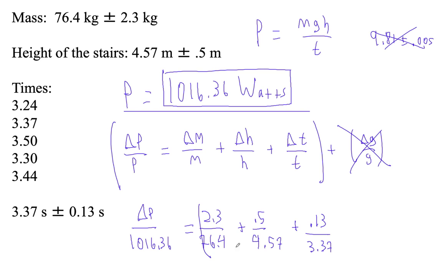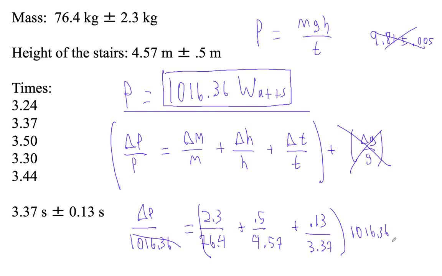So remember, what we do to solve this is we multiply both sides by 1,016.36. Right? And now we're set. So I'm just going to take the number on my calculator. That times left parenthesis 2.3 divided by 76.4 plus 0.5 divided by 4.57 plus 0.13 divided by 3.37, right parenthesis.